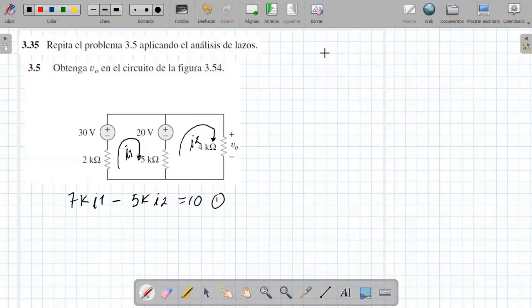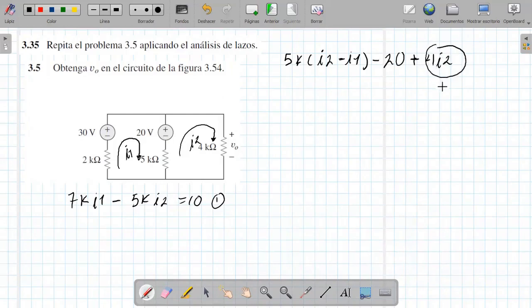We are going to make mesh 2, loop 2. Now 5K would be the resistor. Now since I'm doing mesh 2, I'm saying that the current I2 is greater than I1: I2 minus I1, minus 20 volts plus 4K for the current I2. This, gentlemen, is V0, which is 0 because it is current through resistance. It gives me the voltage drop here, which they are marking here.